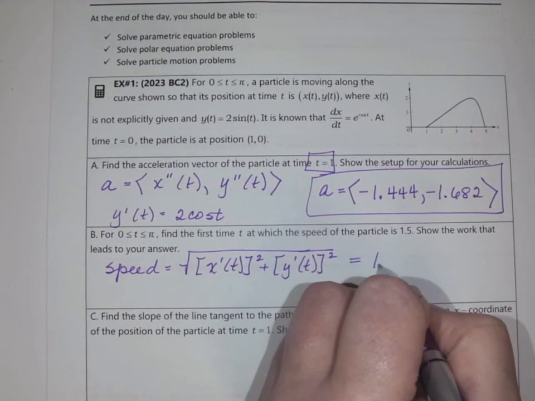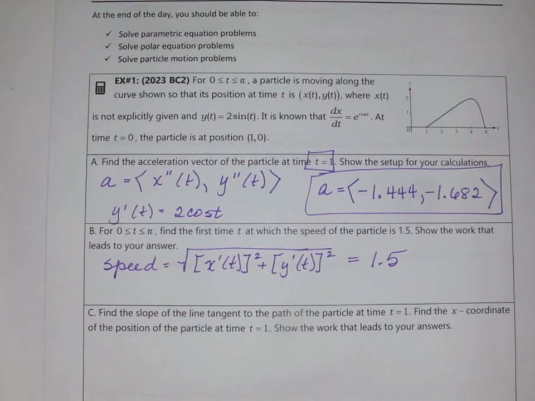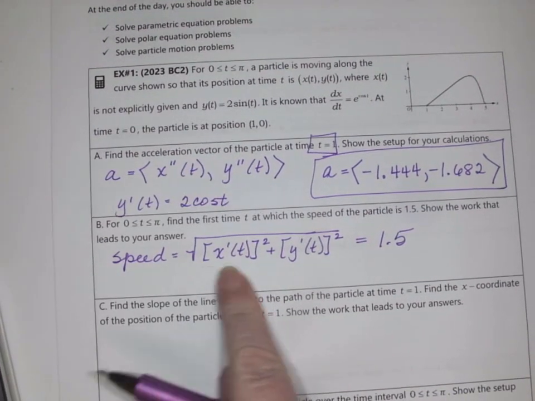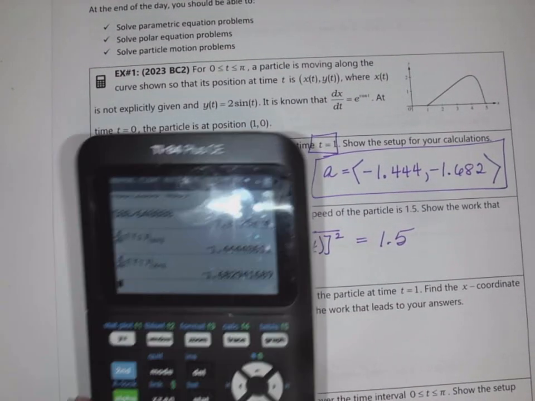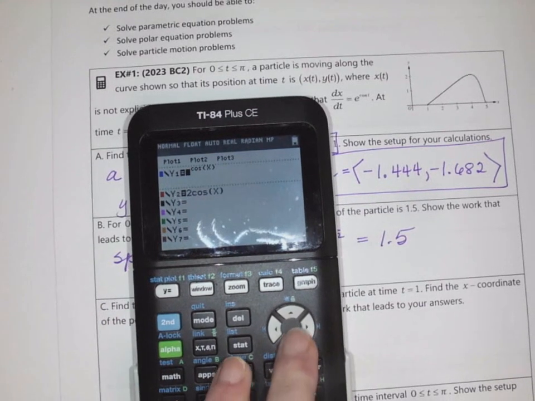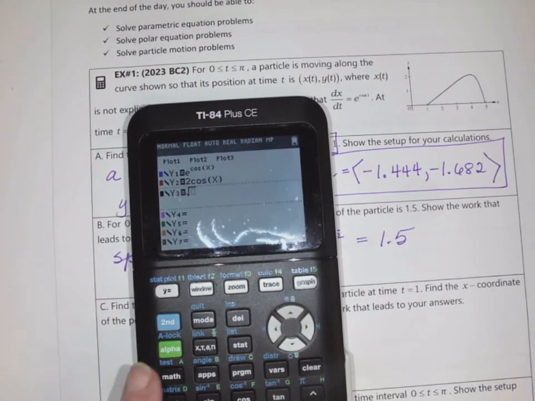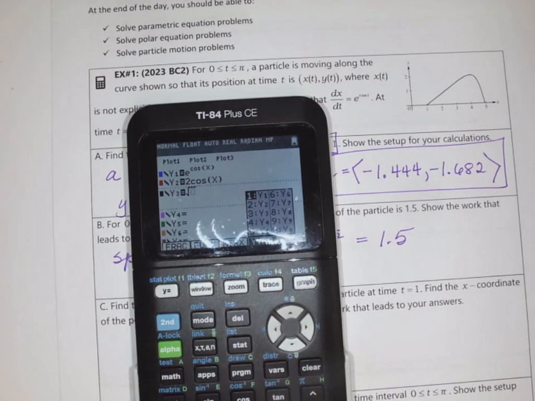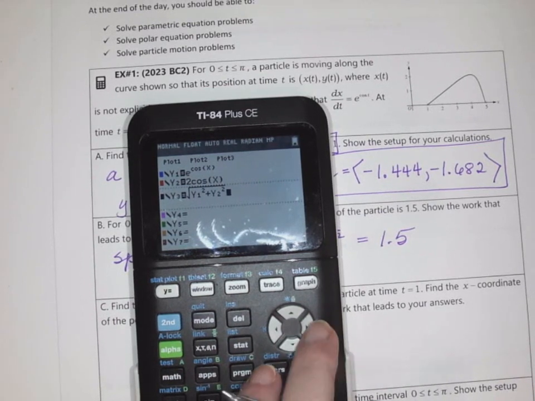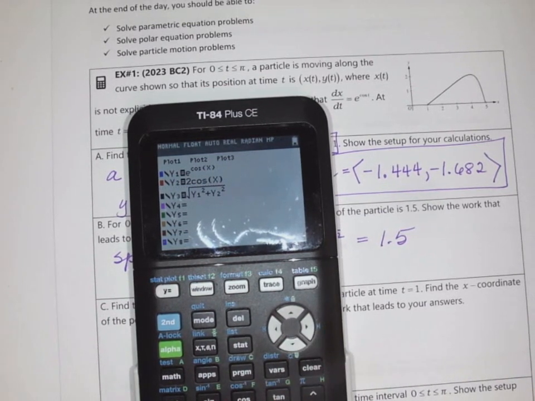And so we want that to be equal to 1.5. Well, these guys are in my y1 and y2. So I'm going to go back to my y equals, and I am going to do the square root, and I am going to do alpha trace y1 squared plus alpha trace y2 squared. So there is my speed value, and then I'm going to put my 1.5.